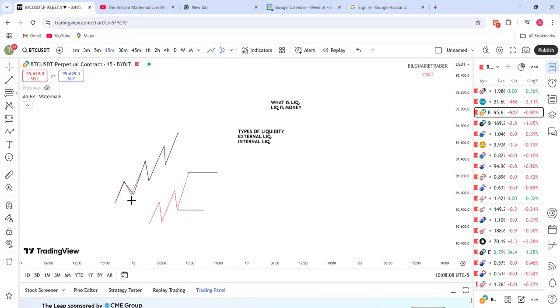From this point and this place where the market reversed from is a range. So from here to here is a range in the market.